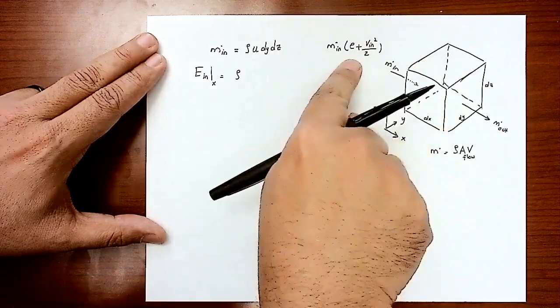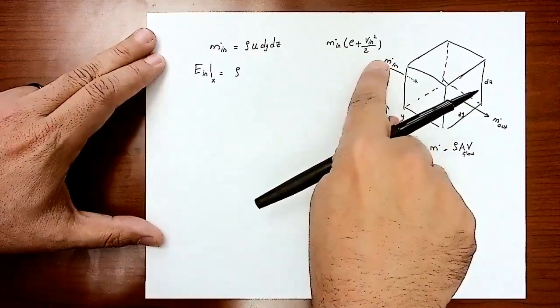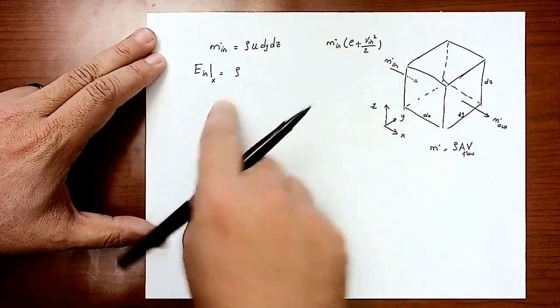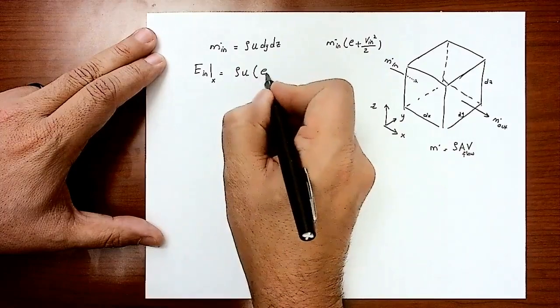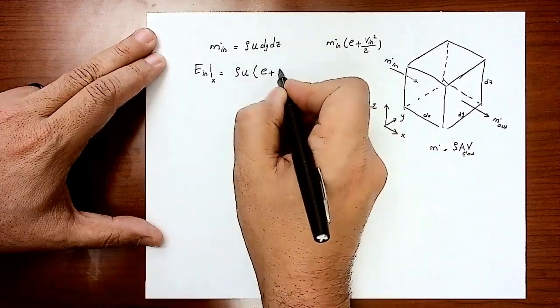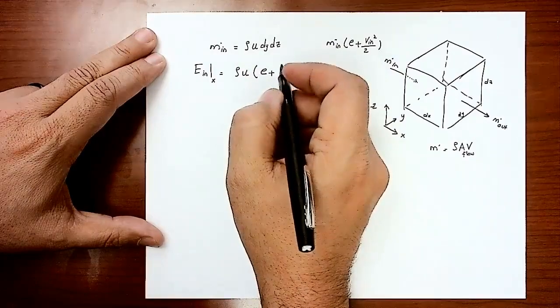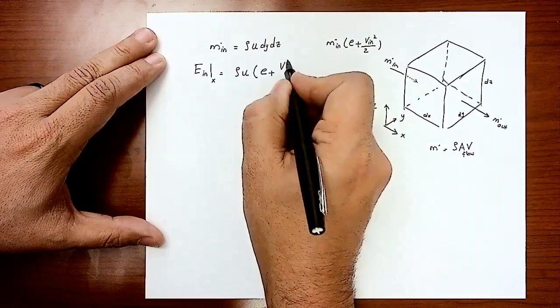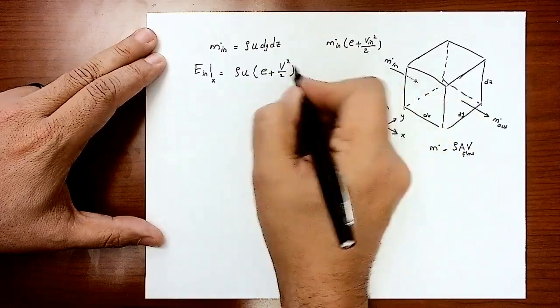This will give me the carried internal energy by the fluid in addition to the carried kinetic energy of that flow. So I'm going to write that down here. That's rho u, right? Then I will multiply by E plus the velocity, which is simply V squared over 2, multiplied by dy dz.